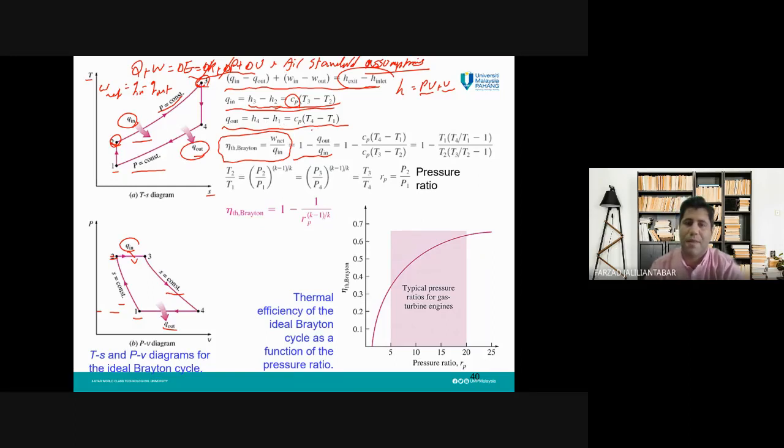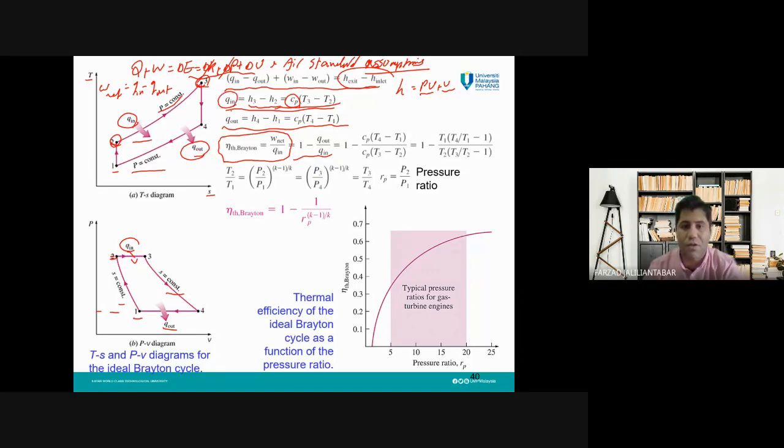However, the value is the same if you write H1 minus H4, but the sign will be negative. So the right form of the equation is Q out equal to H4 minus H1, because here the energy is going out from the cycle.